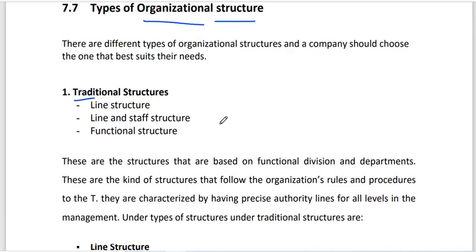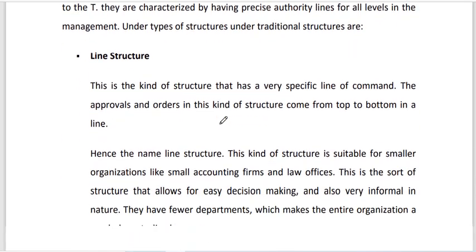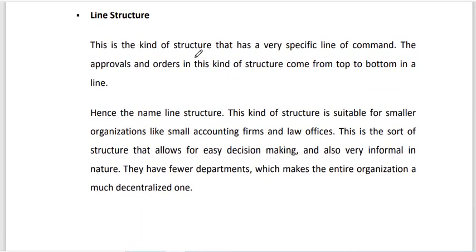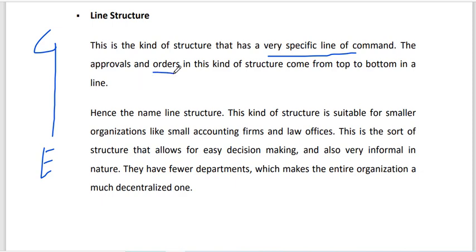Line structure is a kind of structure that has a very specific line of command. Orders follow from the CEO to the employee: approval, orders, any decision follows this structure from top to bottom.